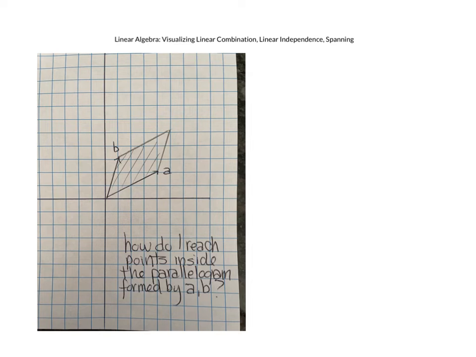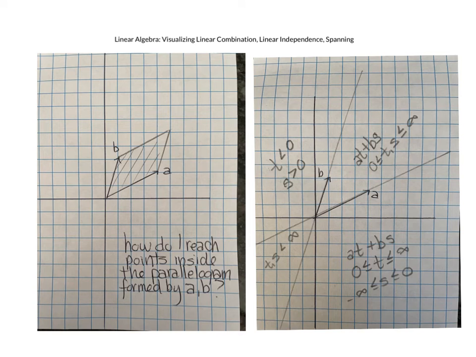But really the question becomes, what about all these other points outside? Essentially, I'm going to show you if I extend A and I extend B. What we can see is that along here, as long as we're scaling A by t, and t is our scalar, as long as it stays positive, and here, as long as B is positive, we're going to reach all of these points here.